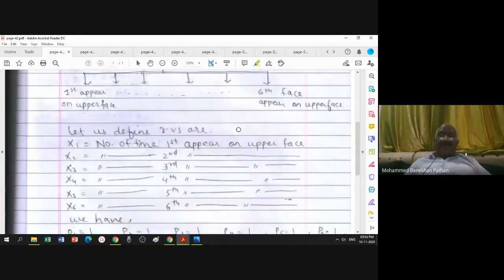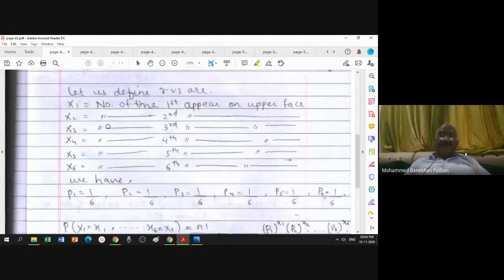So I will define 6 random variables. X1 indicates how many times 1 dot appears on the upper face.